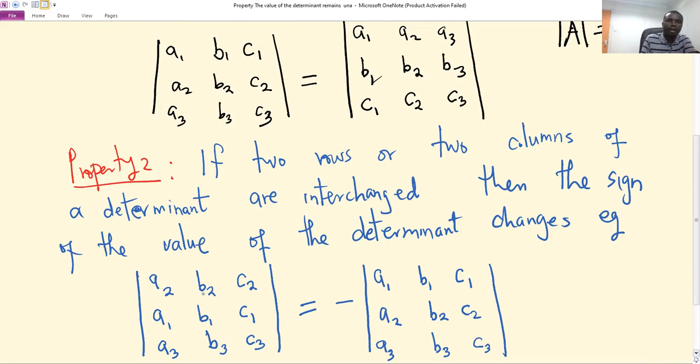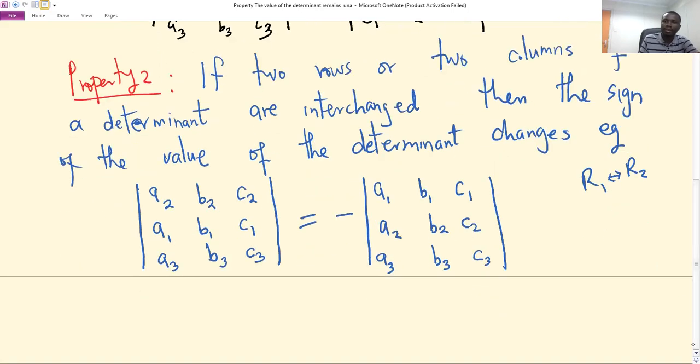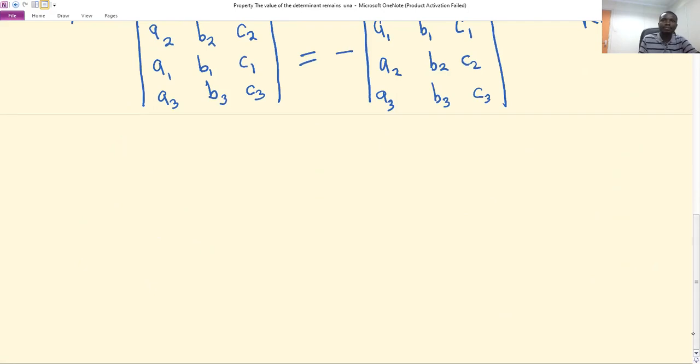What's happening is that in this original determinant, the first row is now the second row in this new determinant, and the second row now takes the first row position, the third row is fixed. So here row 1 has been interchanged with row 2. So whenever you interchange any two rows or columns, the sign of the determinant changes.